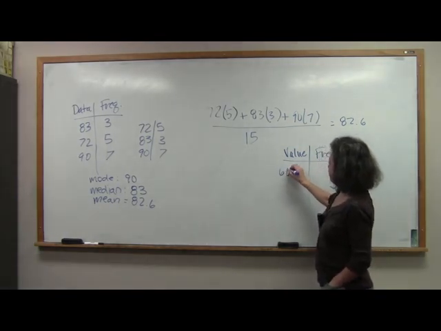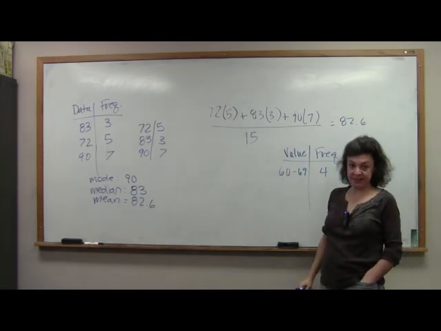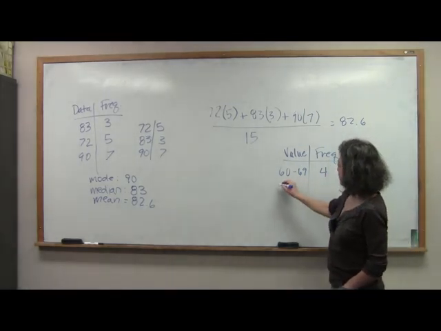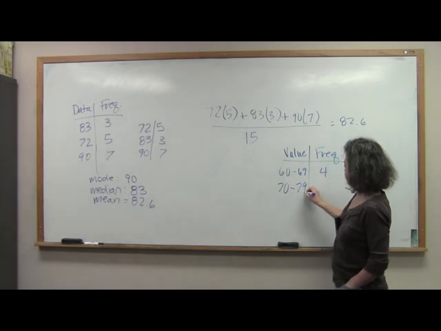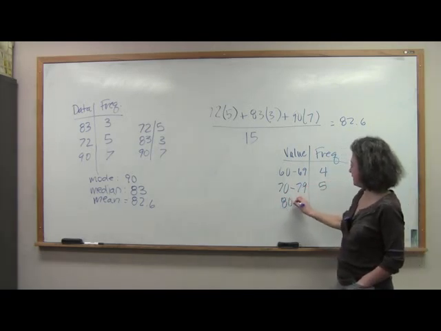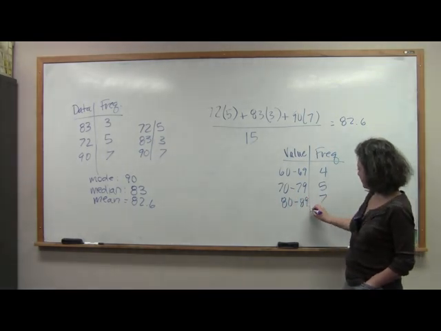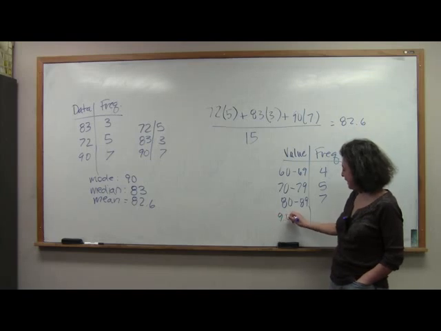Suppose 4 people scored between 60 and 69. 5 people scored between 70 and 79. 7 people scored between 80 and 89.